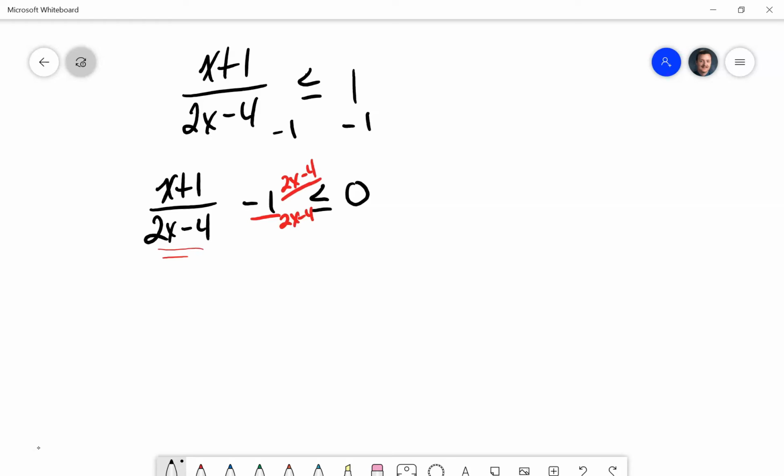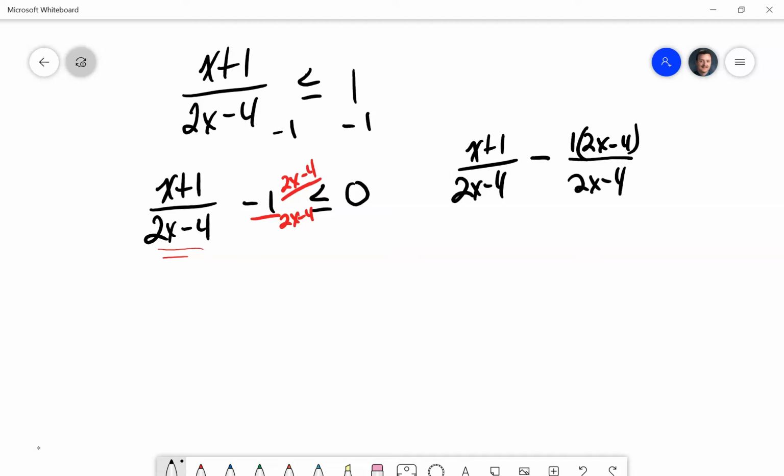If we do that, then the new equation here is going to be (x plus 1) over (2x minus 4) minus 1 times (2x minus 4) over (2x minus 4).